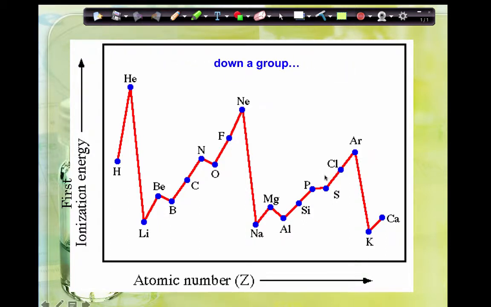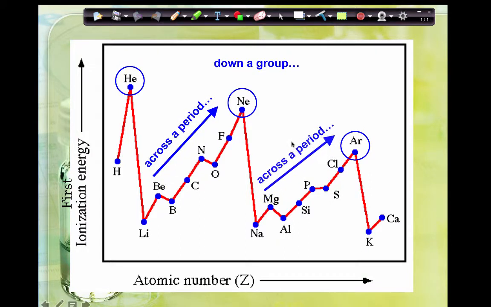So when we're talking about going down a group, if I'm looking at the noble gases, helium is followed by neon, which is then followed by argon. So down a group would be these 3 elements. And I see that the trend is that the ionization energy is going down. It takes less energy to remove the first electron.